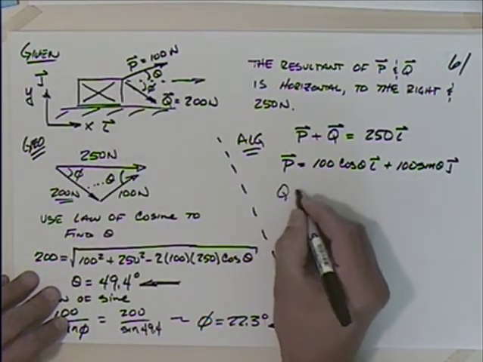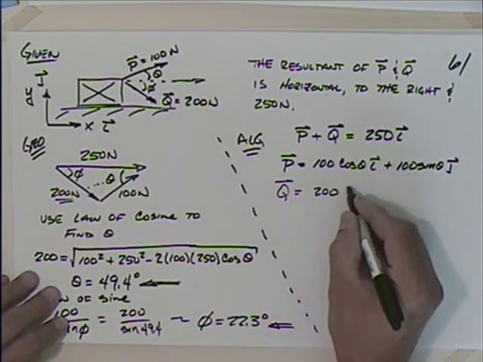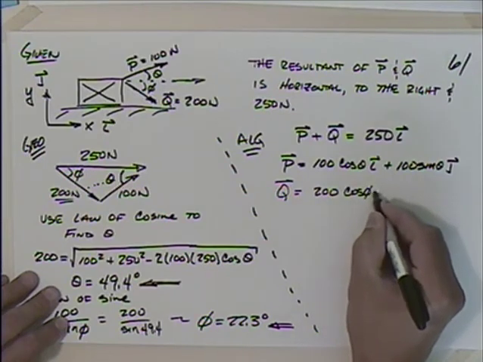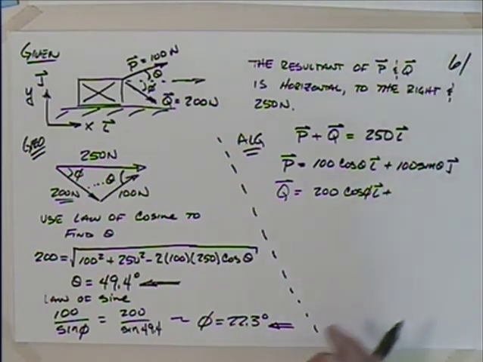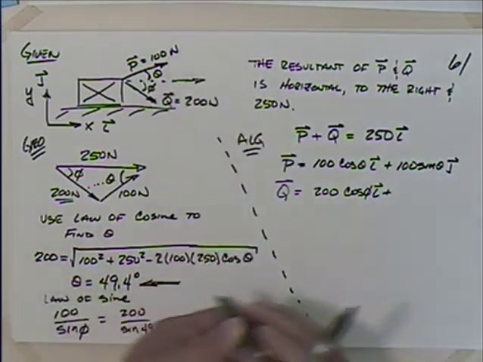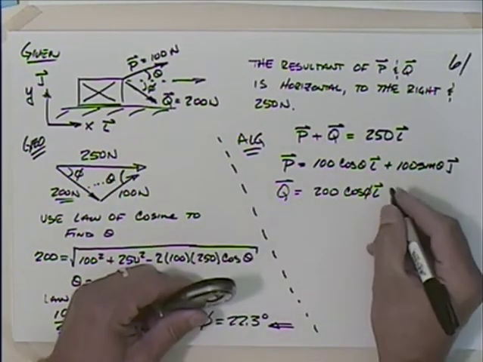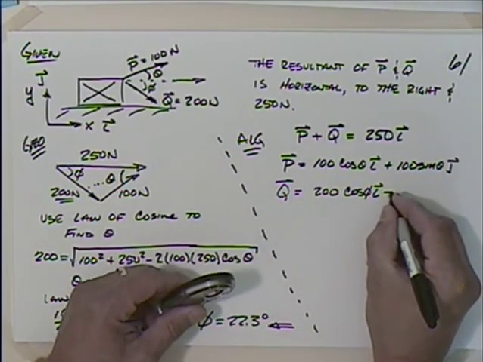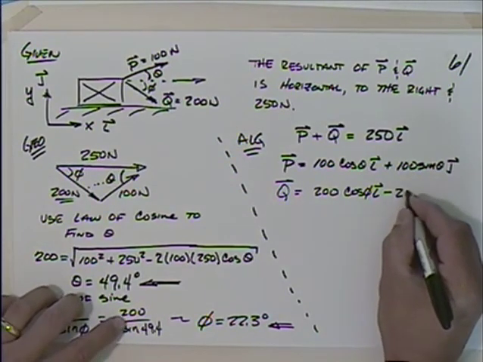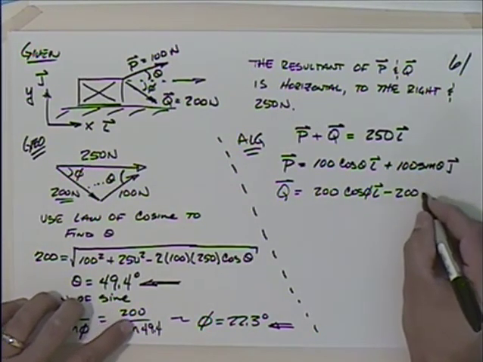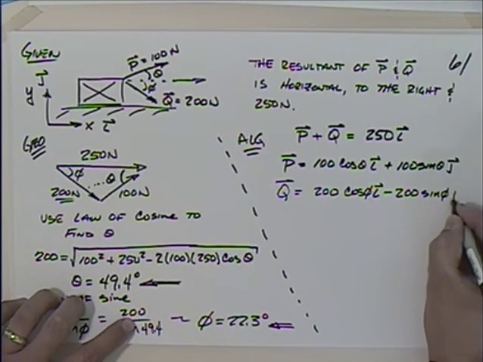And then Q, similarly, is 200 times the cosine of phi in the i direction plus, not plus, it's going to be negative in the y direction, isn't it? So I'll have negative 200 times the sine of phi in the j direction.